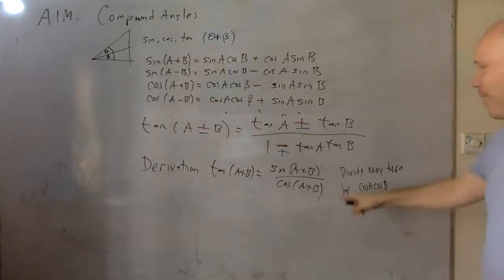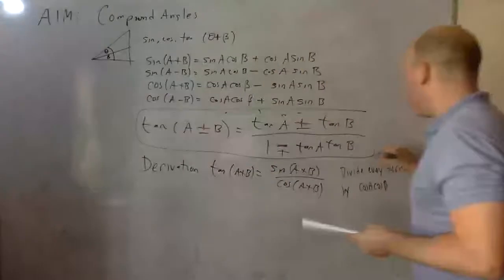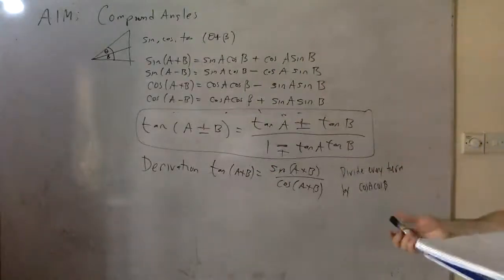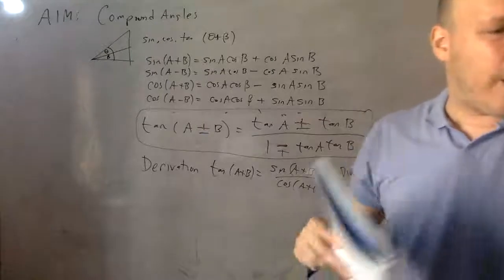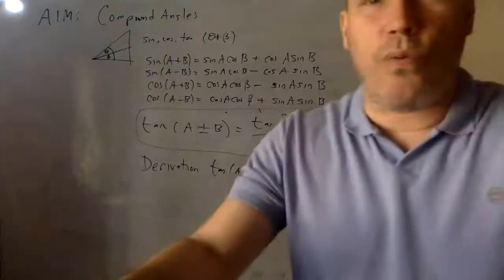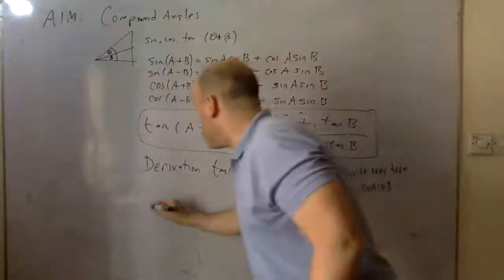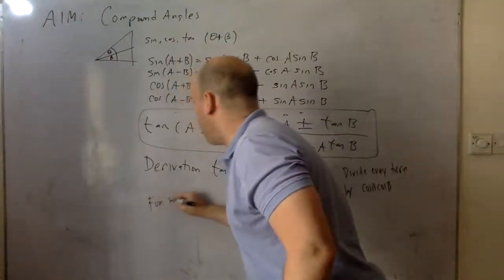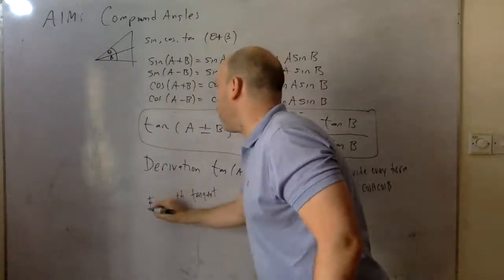So there's a couple of fun things with the tangent formula, and let's talk about that. I'm going to propose a question to you that you've never seen before. So, fun with tangent, because tangent is really important.